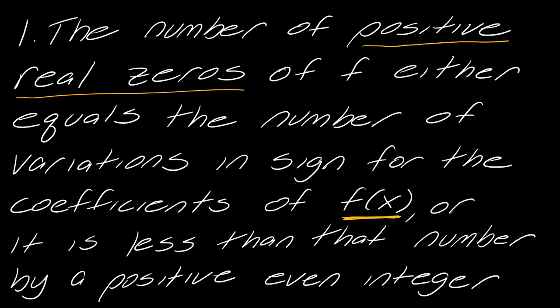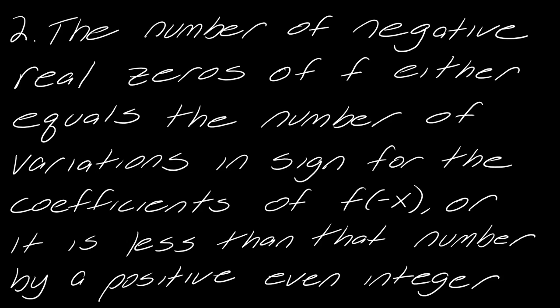I'm going to show you how all this works in a second, but I just want to give you a game plan. Next, the number of negative real zeros of f either equals the number of variations in sign for the coefficients of f of negative x, or it is less than that number by a positive even integer.